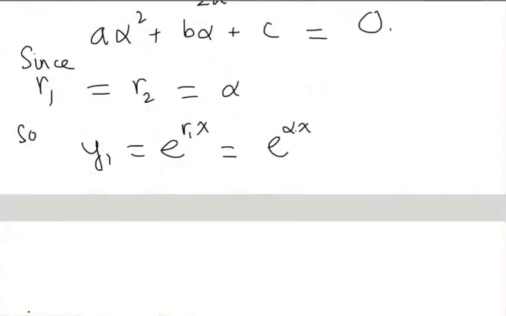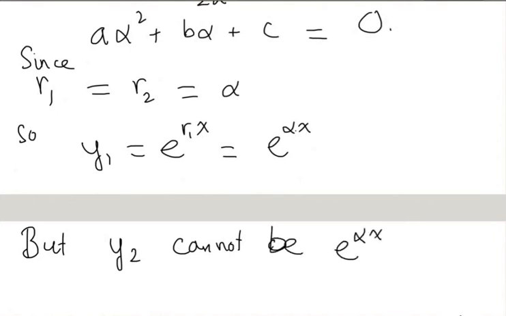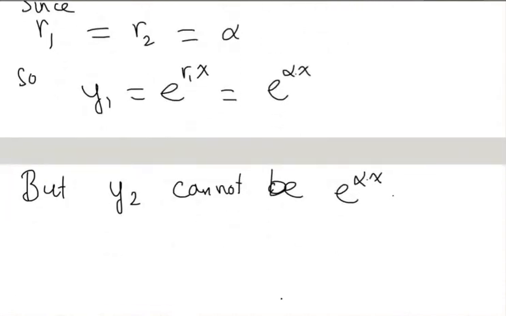However, we cannot choose y2 to be e to the r2 x, because we would have e to the alpha x again. If y1 and y2 are the same, then they will be linearly dependent. They will not form a basis of this space of solutions. So we cannot do that. So what should y2 be?